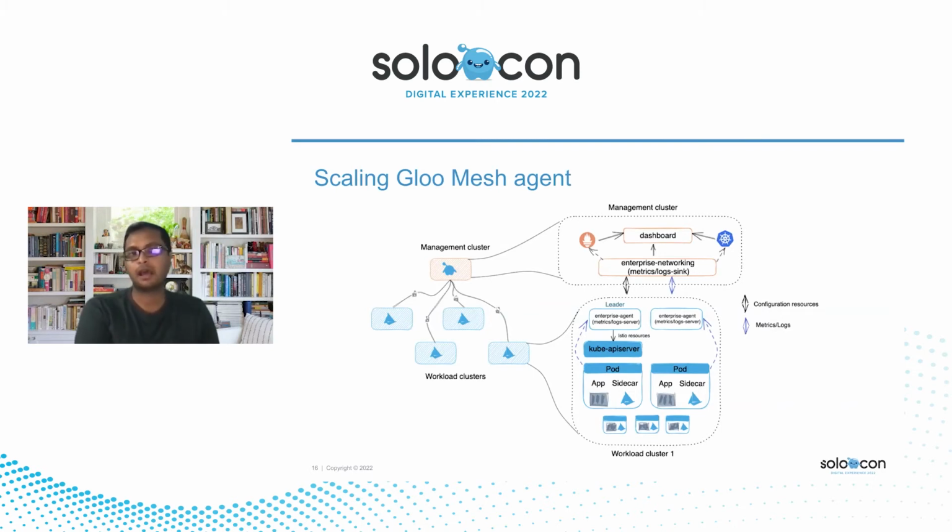So you can scale out the Gloo Mesh agent into multiple replicas. This is going to be supported in version 2.0. In this case, what happens is we are running a leader election for the multiple instances of the agent. Whichever instance is the leader is responsible for the relay architecture.